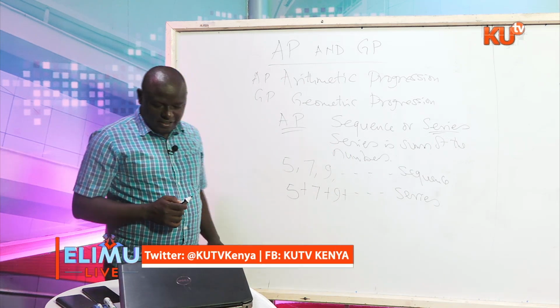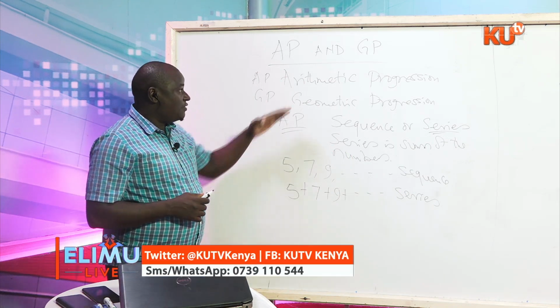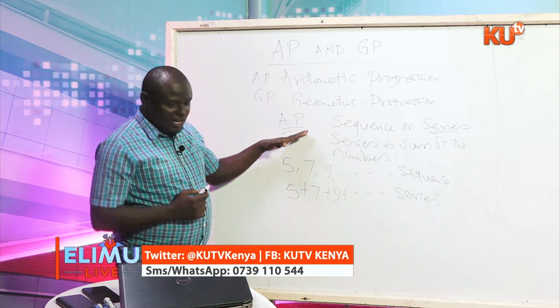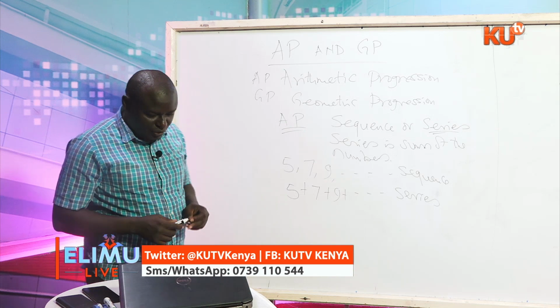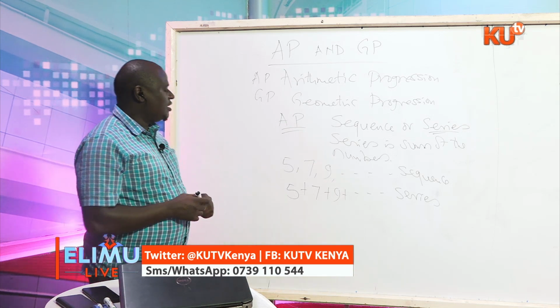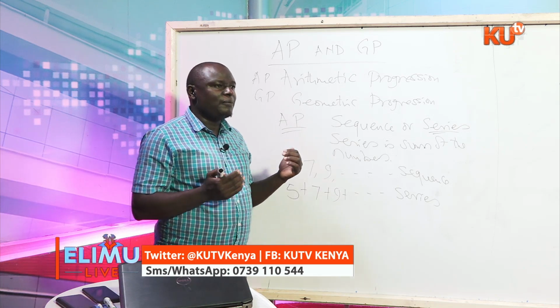Now, having differentiated between a sequence and a series, we want to focus more on AP, or what we are calling arithmetic progression. I think I should bring both back to back.